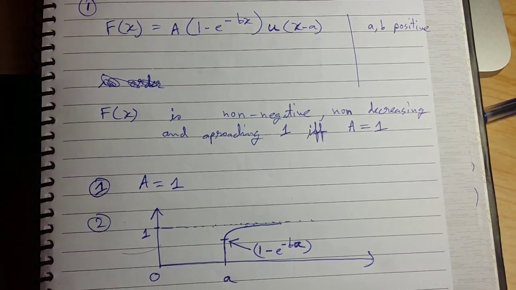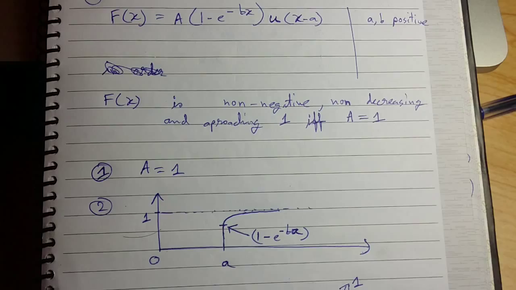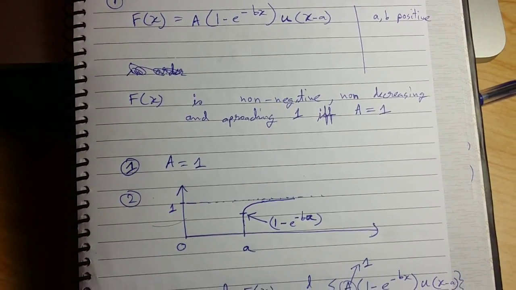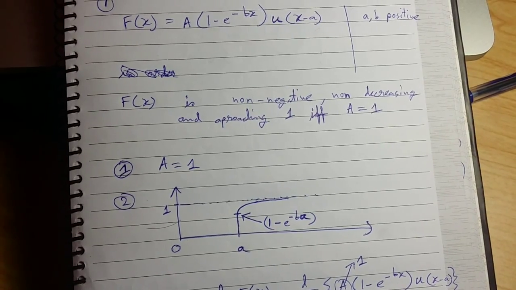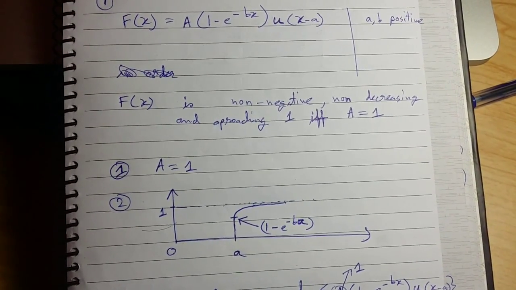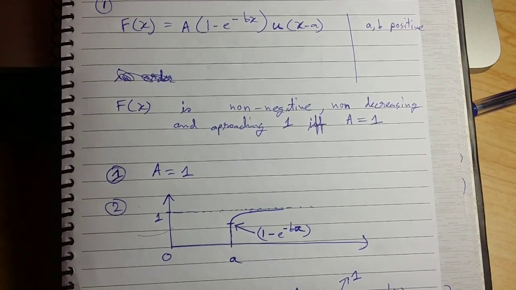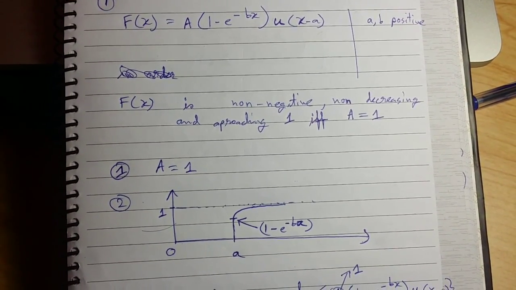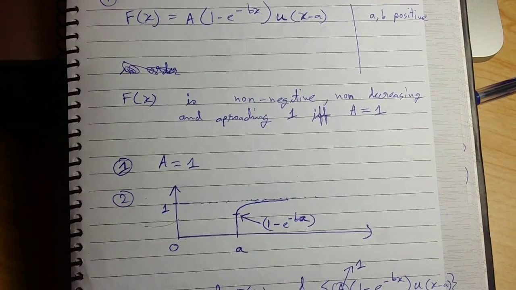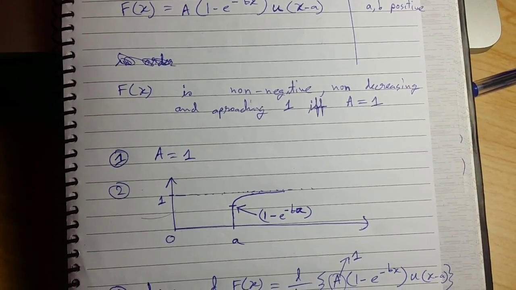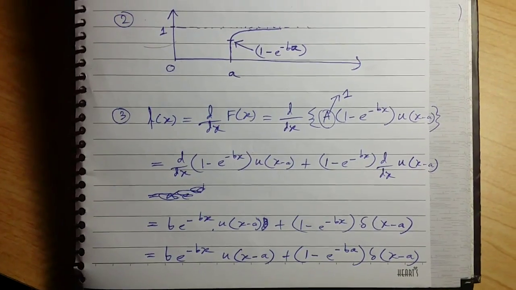So the step function starts from x is equal to a, and on that point we put the value of x is equal to a, and we get the value of that point 1 minus e to the power minus b into a. So from that point the exponential curve goes up and converges to 1 at infinity.